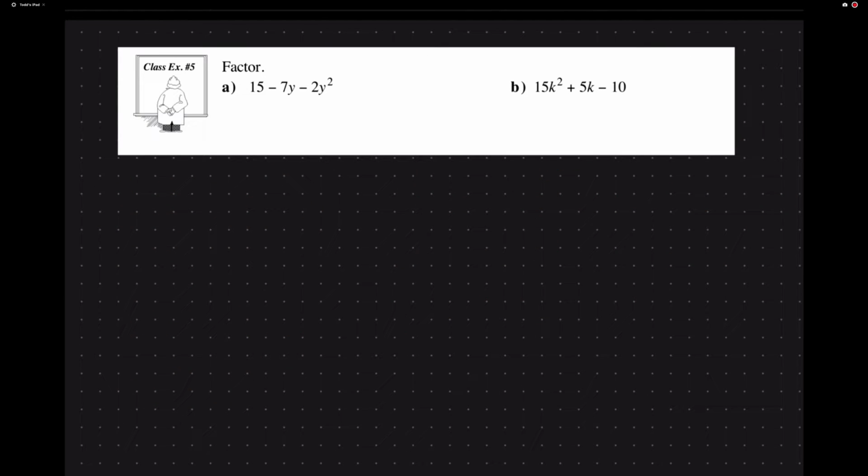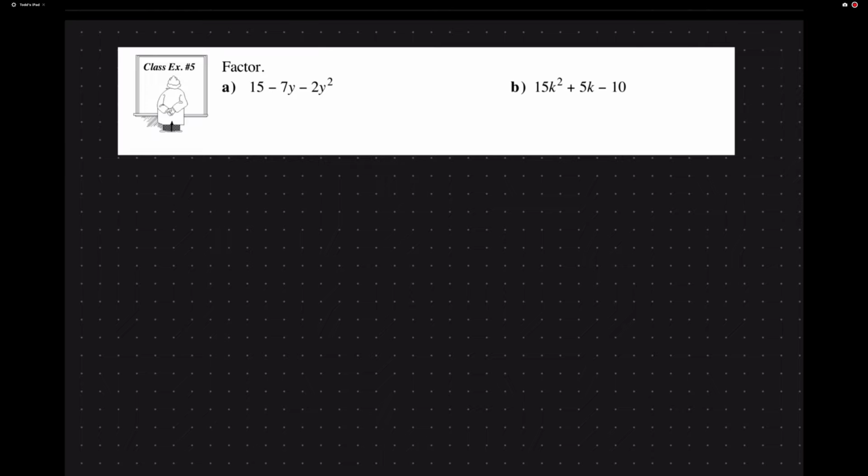All right, example 5, factor again. Whoa, there's a lot of this factoring going on. So let's take a look and see what we got. 12, 15, -7y, -2y squared. So in this case, it seems to be reversed a little bit. Nothing common in there. We like to have it in descending order, so I think that's the first thing I would do.